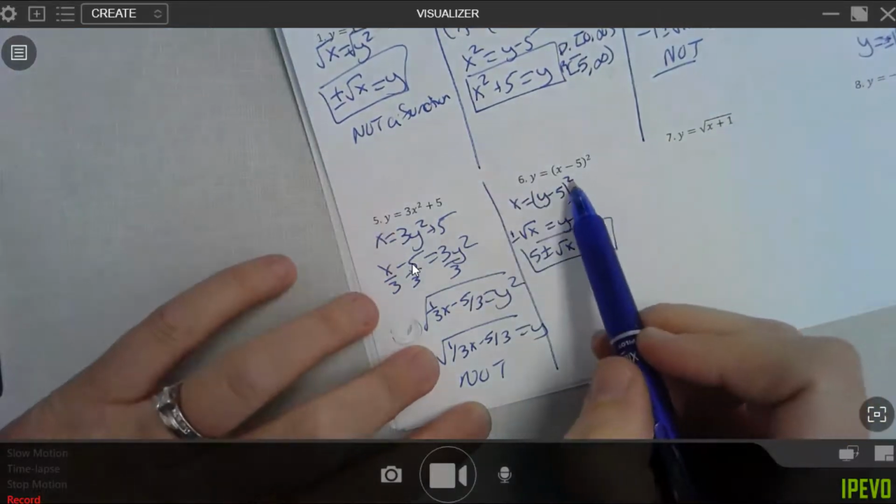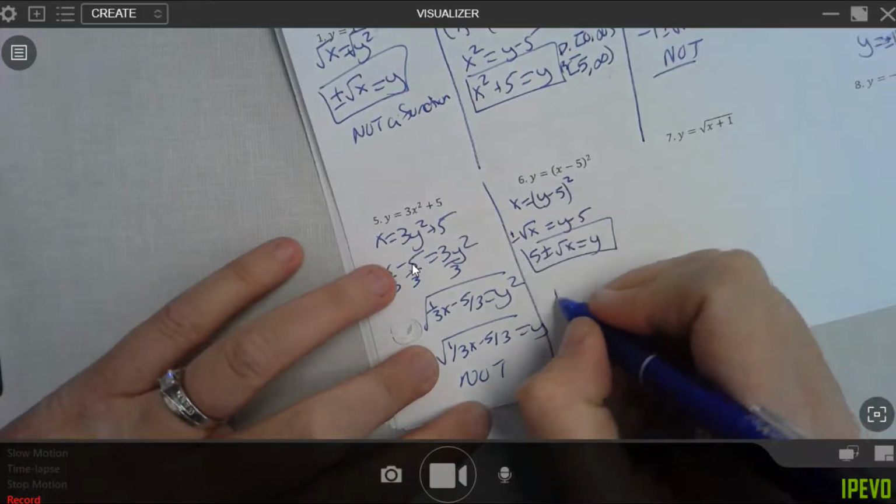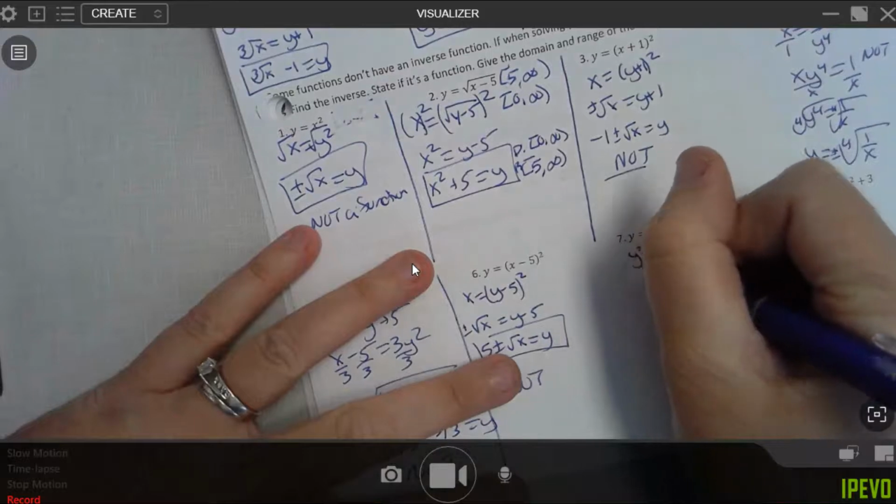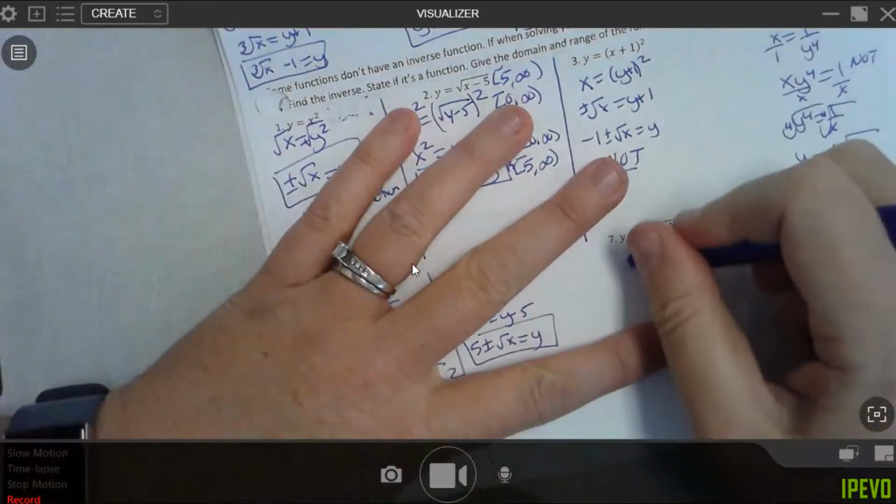This time you've got to get rid of the square first because it's on the outside of the parenthesis, and that's not a function because it's plus or minus. I forgot to switch my x and y.